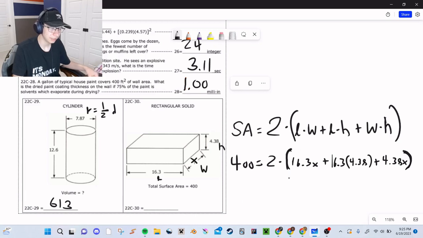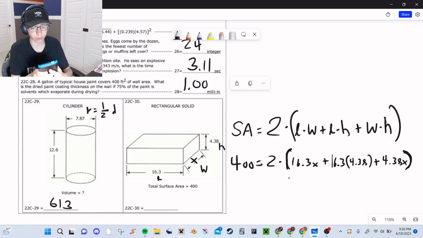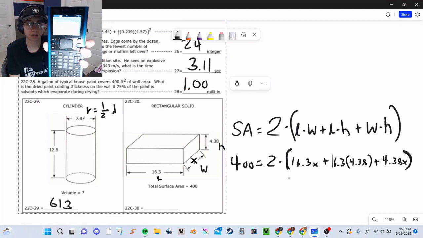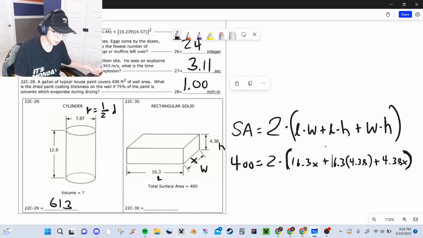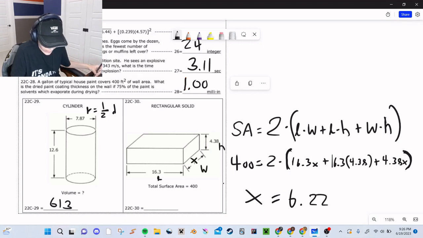And so now I can use my solver to solve for x. So, like this. And it gives me my answer of x equal to 6.22.